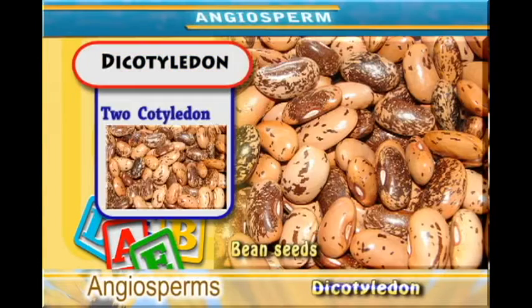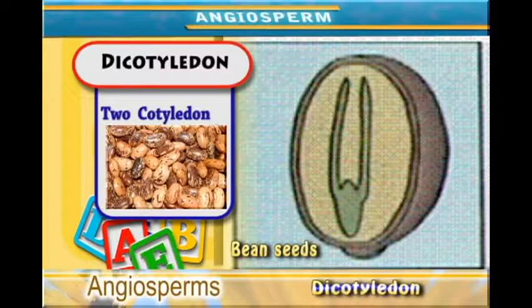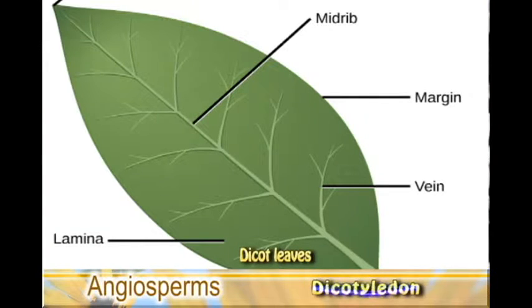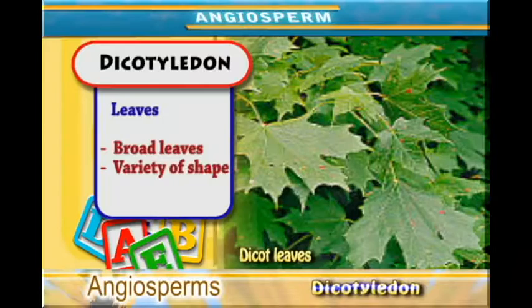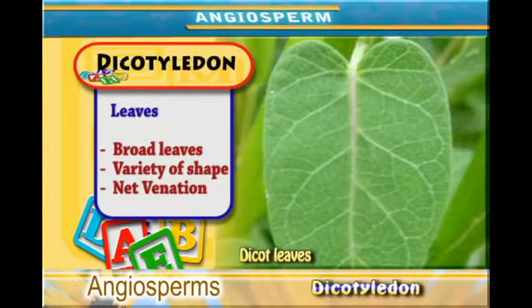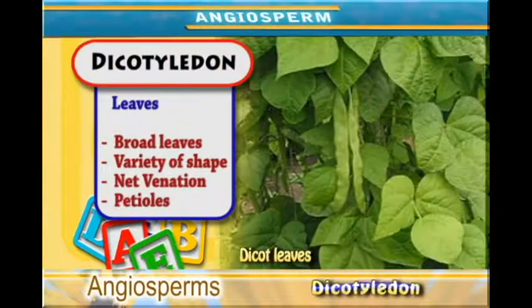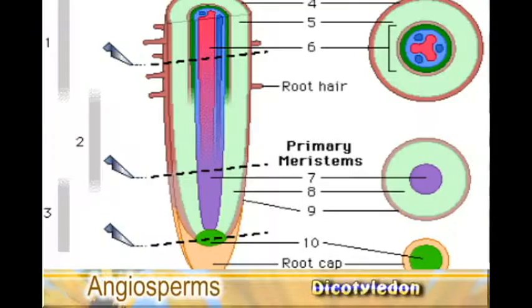Dicots have seeds that have two cotyledons, and their leaves are broad with a variety of shapes. They have net venation and some have petioles. If you look at their root system, they mainly have a taproot system.